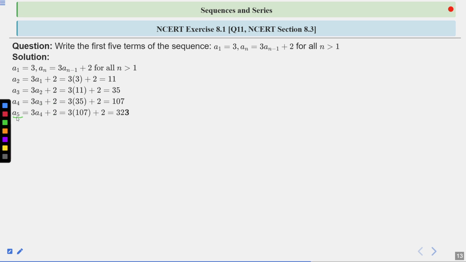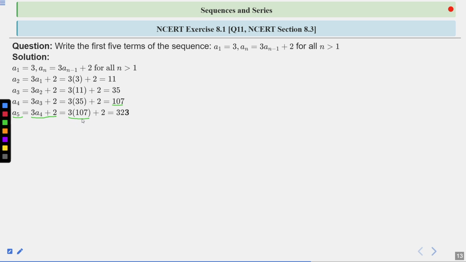Now a5, using the rule 3 times a4 plus 2. a4 is 107, which gives me 3 times 107 plus 2.